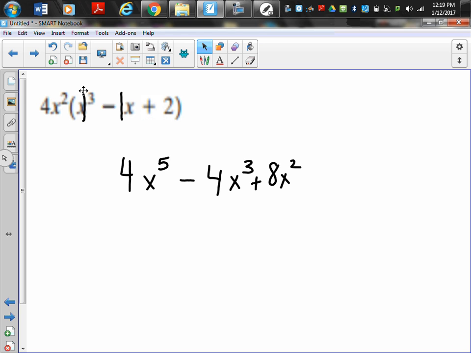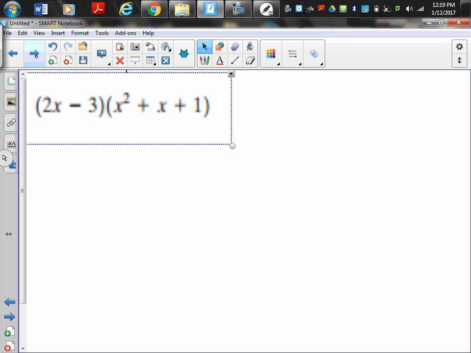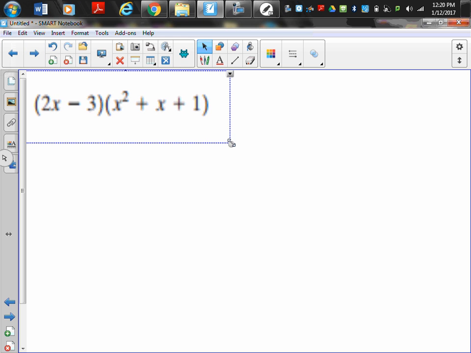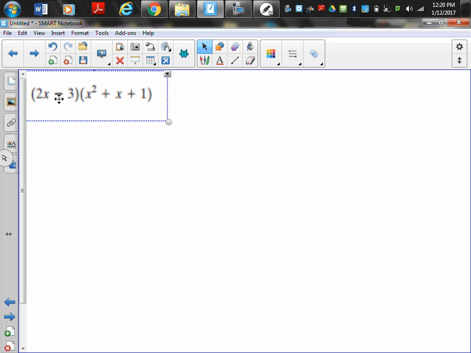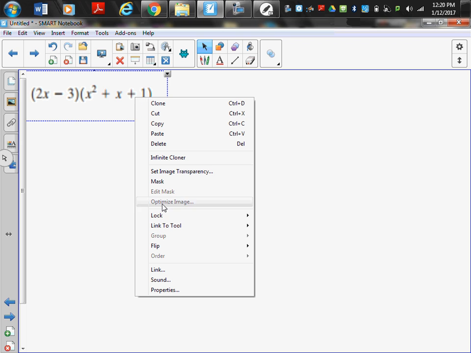Alright. So let's look at the next problem. This says 2x minus 3 times x squared plus x plus 1.